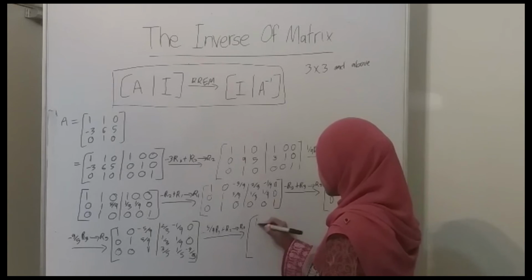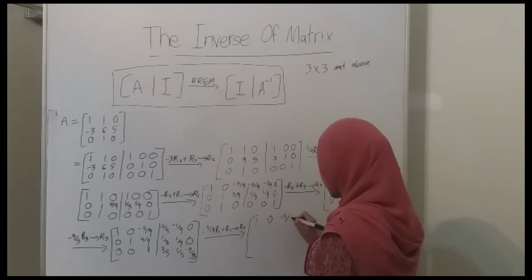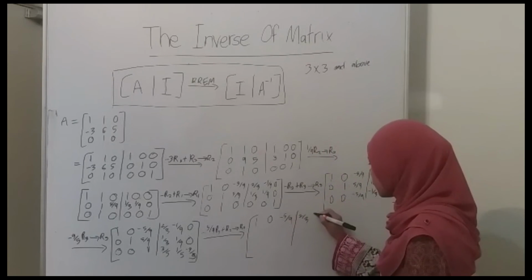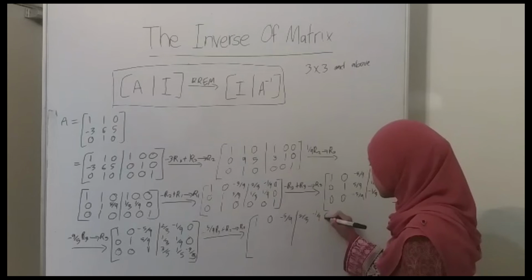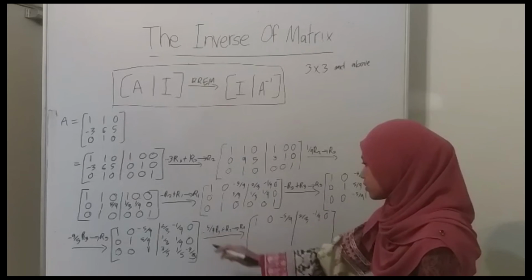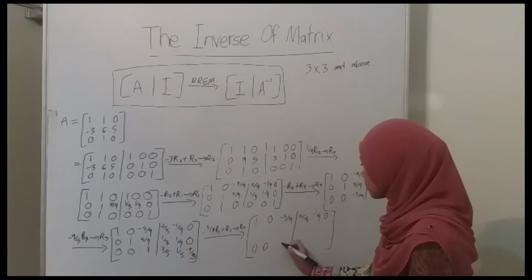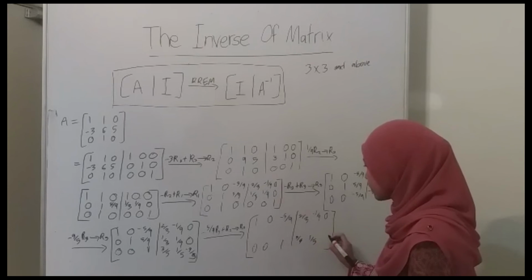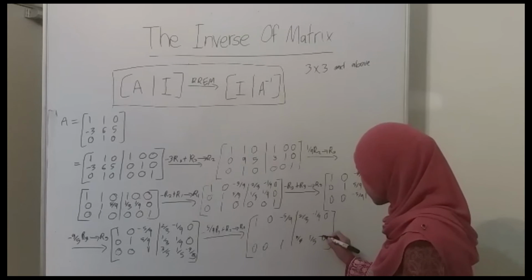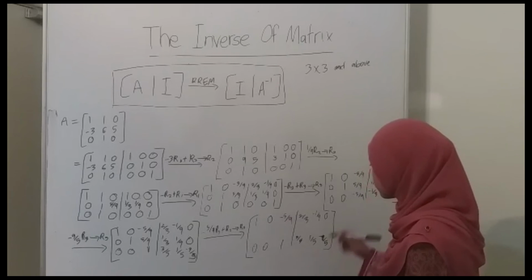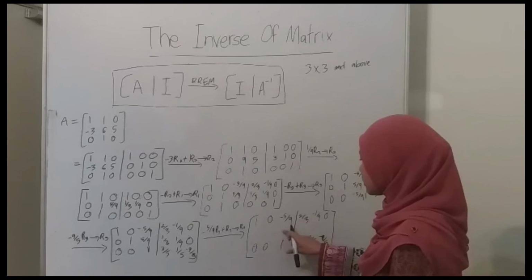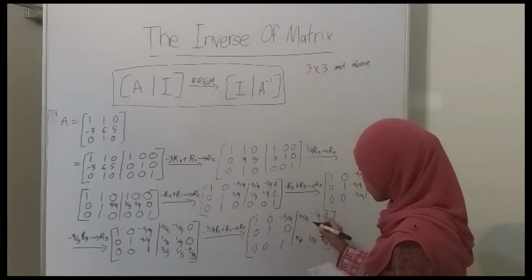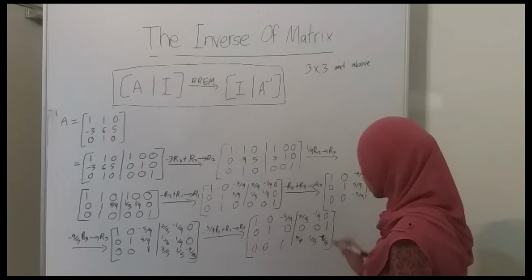The rest will be the same: 1 0 negative 5 over 9, then 2 over 3, negative 1 over 9, 0, and 0, 0, 1, 3 over 5, 1 over 5, and negative 9 over 5. So the changes of row 2 will be 0, 1, 0, then 0, 0, 1.